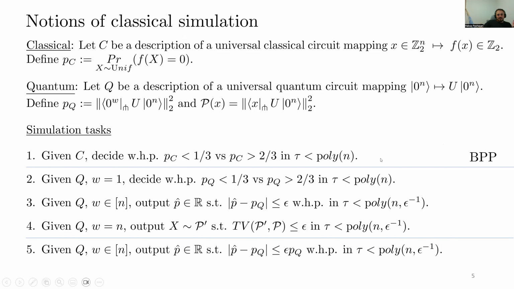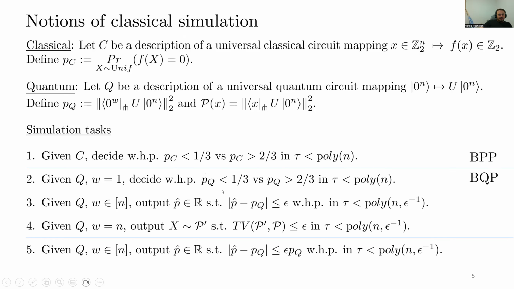It's essentially the definition of BPP. And so this can be solved by a probabilistic Turing machine. And the quantum analog is number 2 here, which is very similar. You're given a description of a quantum circuit. You measure only 1 qubit, and you have to decide whether the probability is less than a third or more than 2/3. And this is essentially BQP.